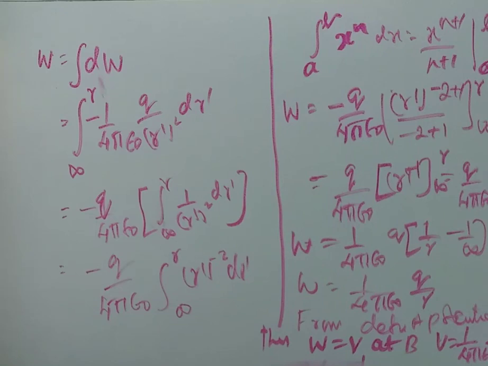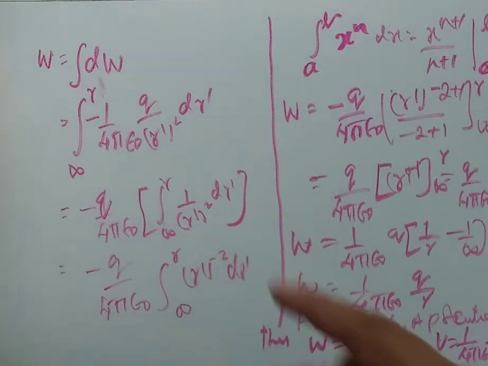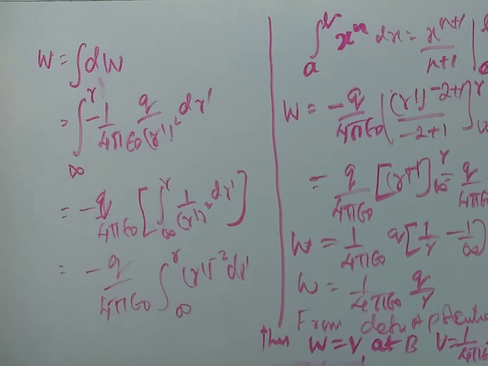Minus Q by 4 pi epsilon naught, as they are constants, we have taken them out, times the integral from infinity to r of 1 by r dash square dr dash. Observe r dash square can be written as r dash to the power of minus 2, and then by using the formula integral from a to b of x to the power of n dx equals x to the power of n plus 1 by n plus 1 from a to b, we can integrate r dash to the power of minus 2, where we get r dash to the power of minus 2 plus 1 by minus 2 plus 1 from infinity to r.